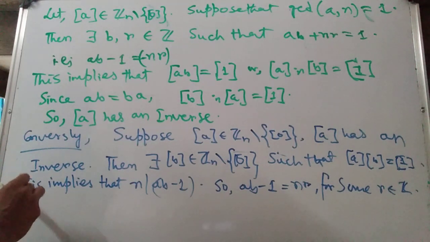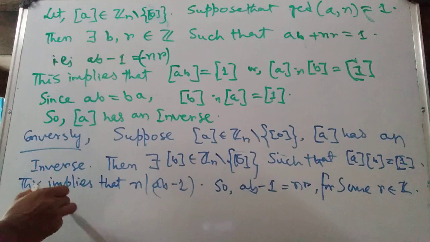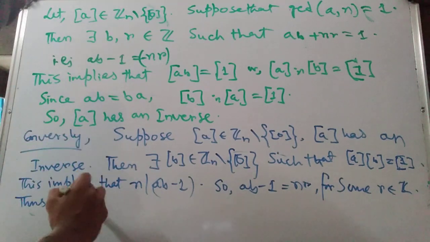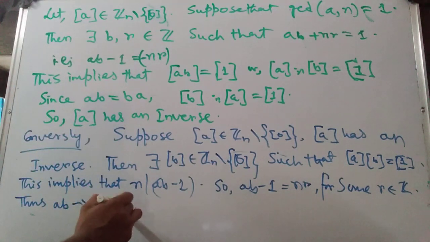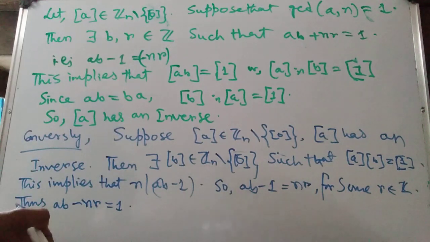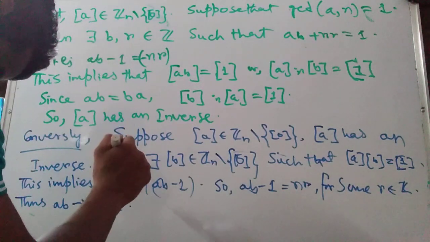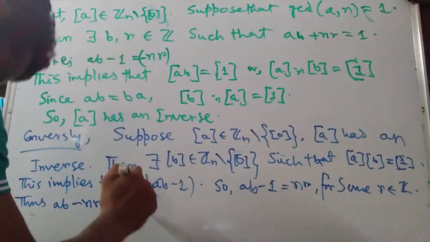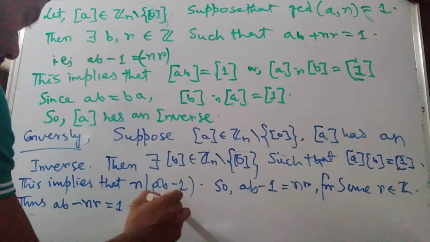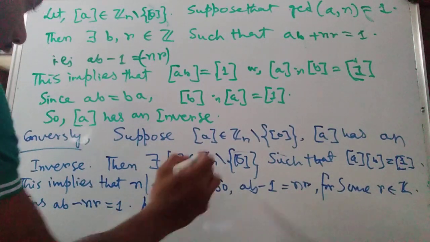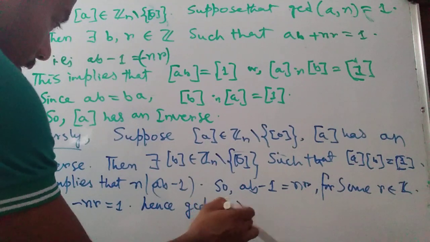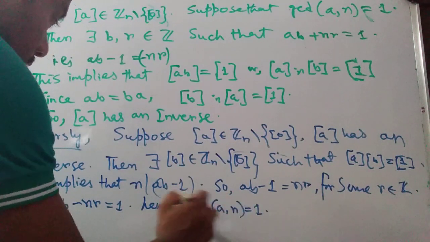Thus ab difference nr equal to 1, hence GCD of A, n equal to 1.